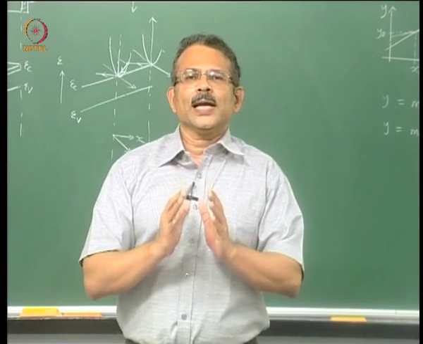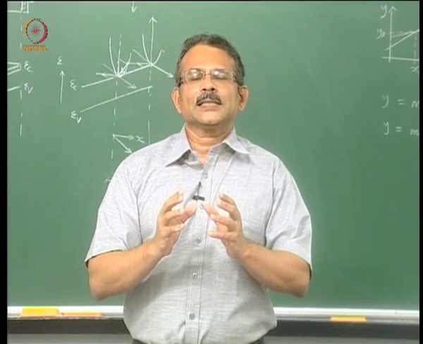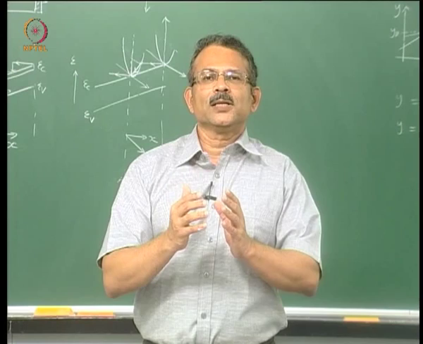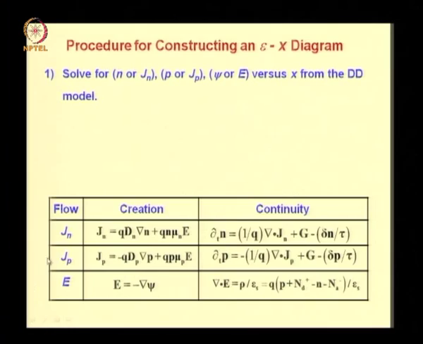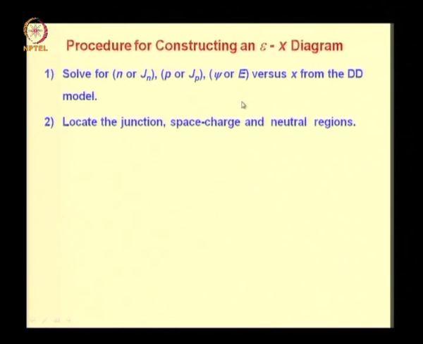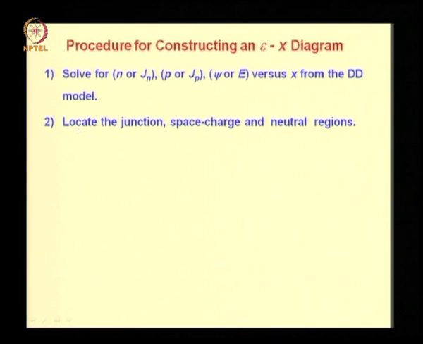So here we are looking at the E-x diagram as a representation tool for conditions in the semiconductor. These are the drift diffusion model equations from which you get this information. In the next step you draw the device physically and locate the junction, space charge and neutral regions.